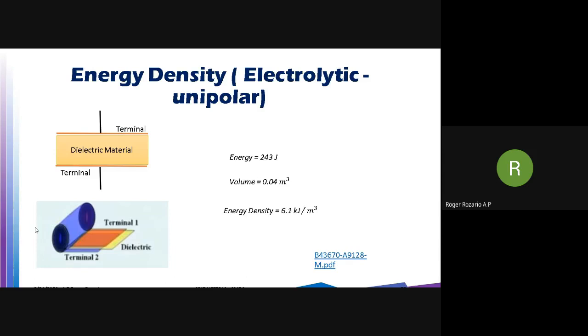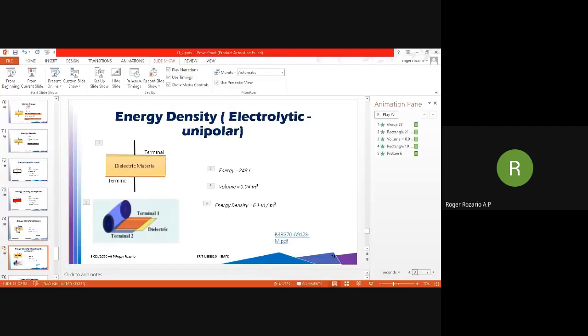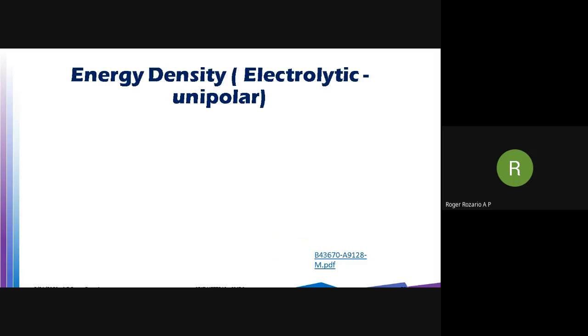Basically, the two terminals are wound in the form of a cylinder, and in between these two windings or terminals, a dielectric material is kept, and the capacitor is packaged, usually cylindrical in shape. This is the packaging of the capacitor.